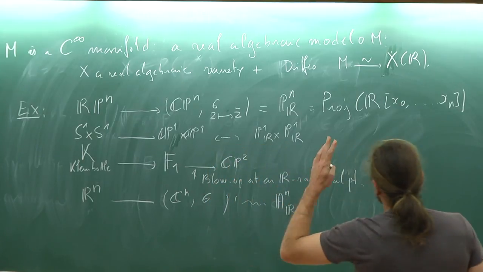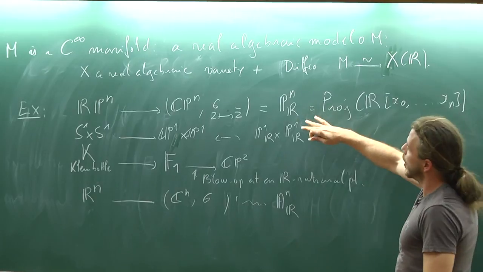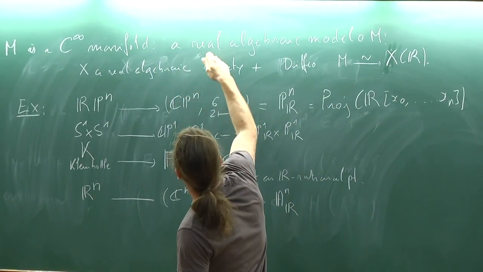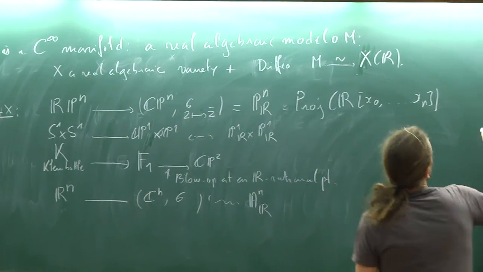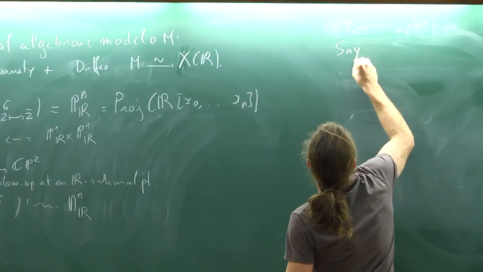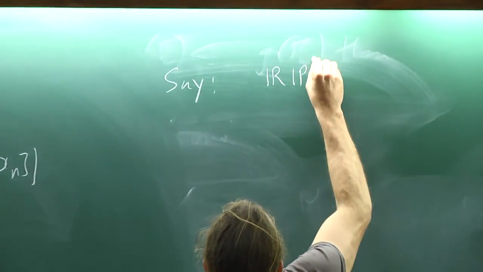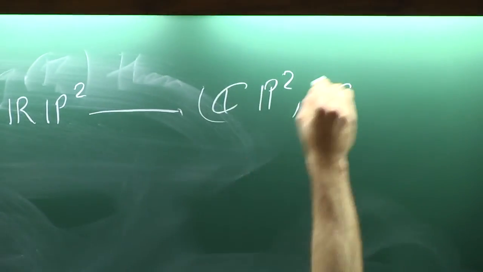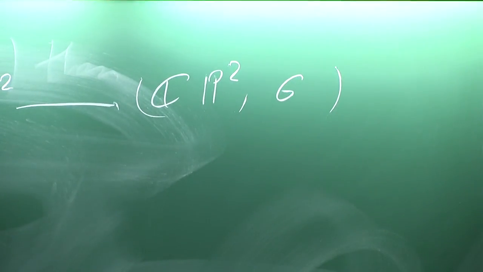Okay, but there are many ways to cook up new real models from a given one. For instance, say, we start with RP2 inside CP2 with the standard complex structure, standard real structure, standard complex conjugation.